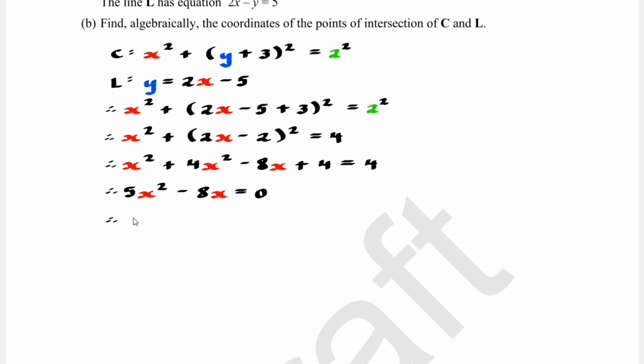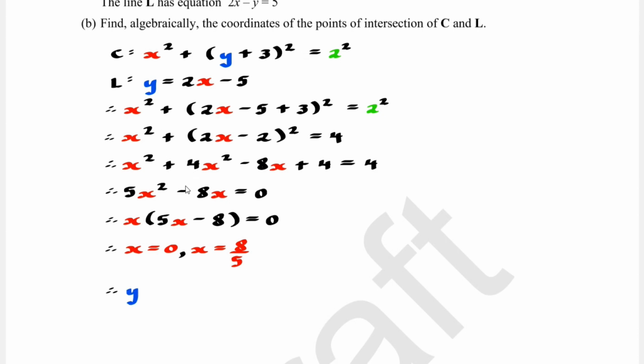And if I factorise out an x, I have x multiplied by (5x subtract 8) equals 0. Meaning we have x equals 0 or 5x subtract 8 equals 0, in which case x is equal to 8 over 5. We can now substitute these x values into y equals 2x subtract 5 to find the corresponding y values.